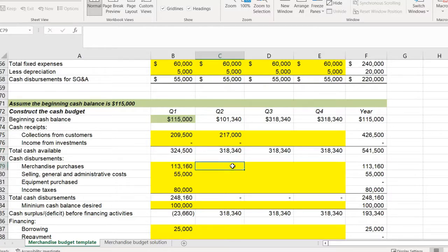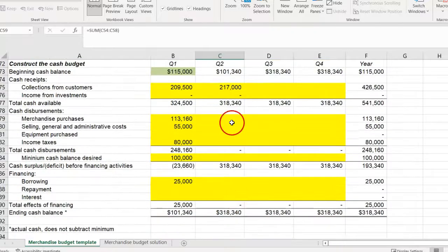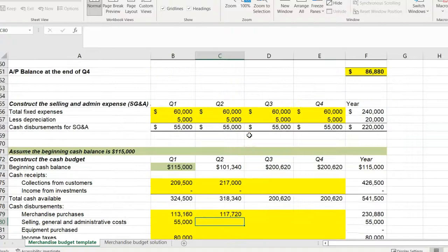Merchandise purchases for quarter two. This was our cash payment or cash disbursement schedule for quarter two. That was $117,720. Our selling and admin budget, our cash disbursements were $55,000.